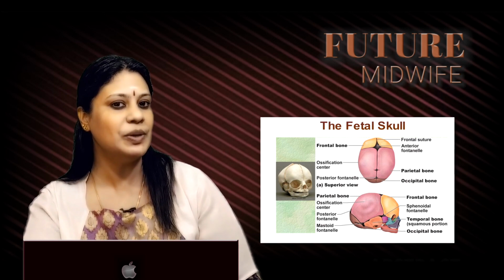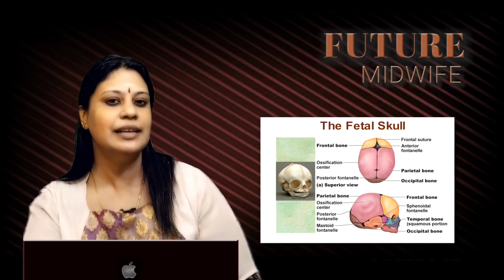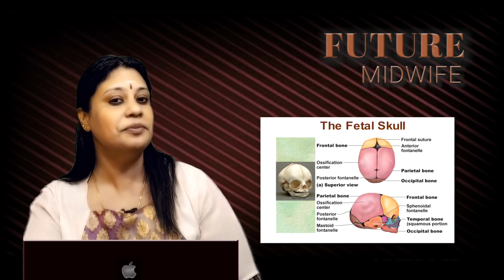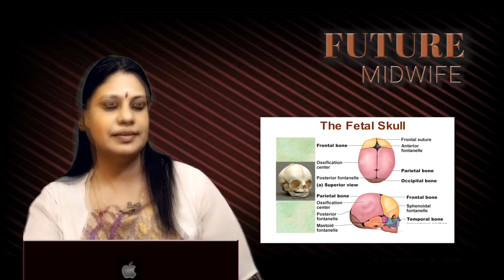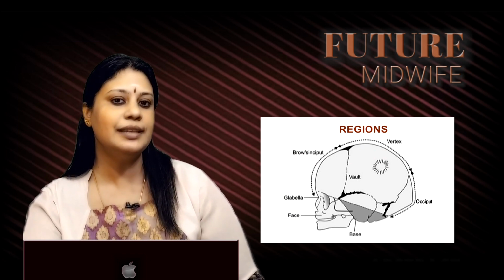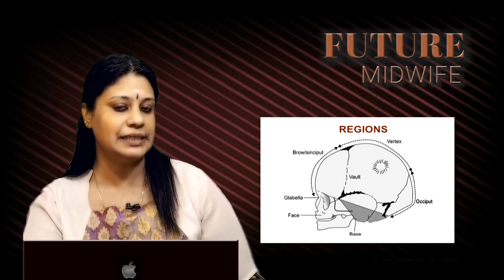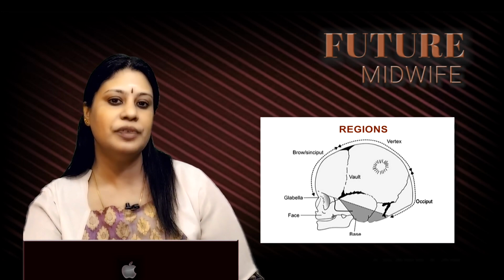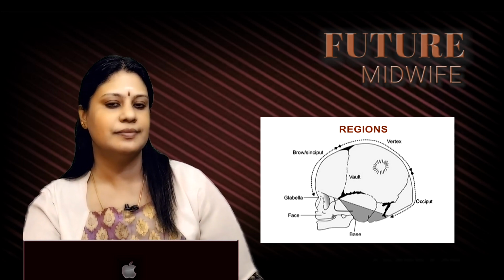When we compare the size of the fetal skull, it is larger than the fetal body. The skull bones encase and protect the brain. Fetal skull has three major parts: vault of the cranium, face and base.